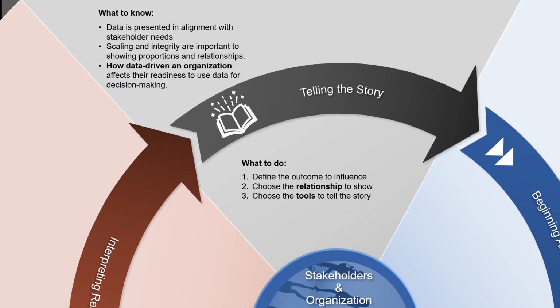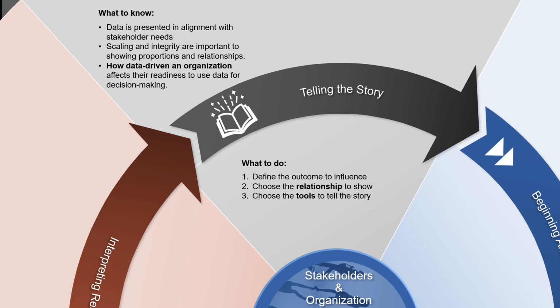The last step is to tell the story. So you have the data, you have the interpretations, and now you'll be conveying that to the stakeholders. What to know about that? The data should be presented in alignment with the stakeholder needs. So this is where it comes back to being aware of what the stakeholders care about, want to know, and need to know.